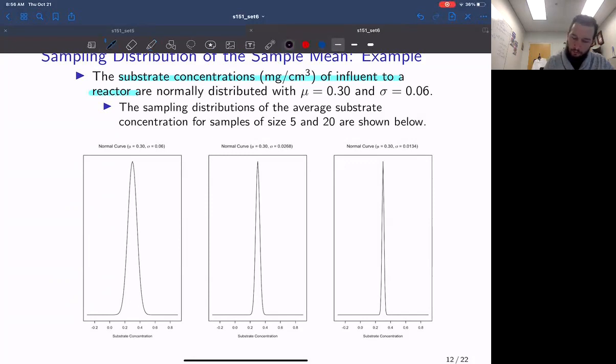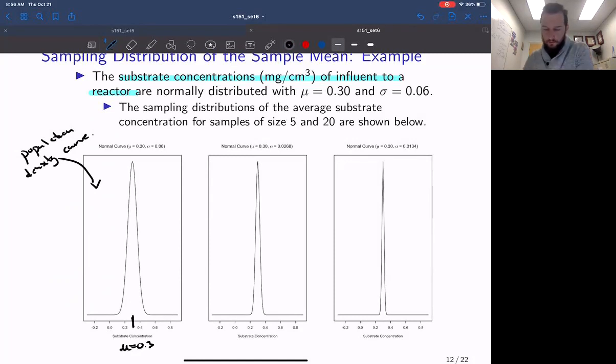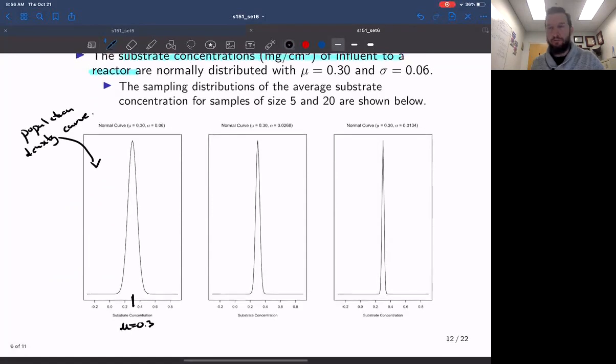So in this first plot here, this is the population density curve. This is centered at mu equals 0.3. In the next two plots, I have two different sampling distributions.